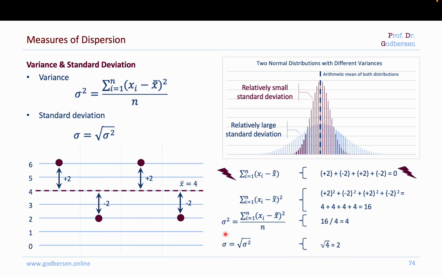So we take the square root of the variance, and then we have the standard deviation. In our case, the square root of 4 is 2. And now we can see, happy days, that's actually true. Our values are either higher or lower than the arithmetic mean by 2.